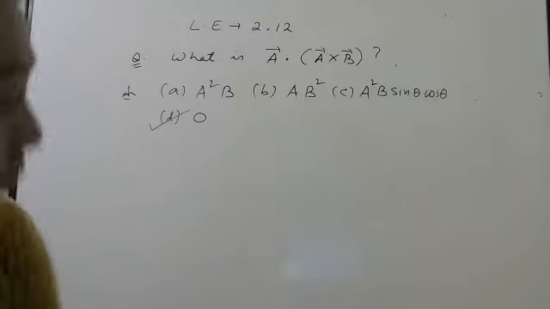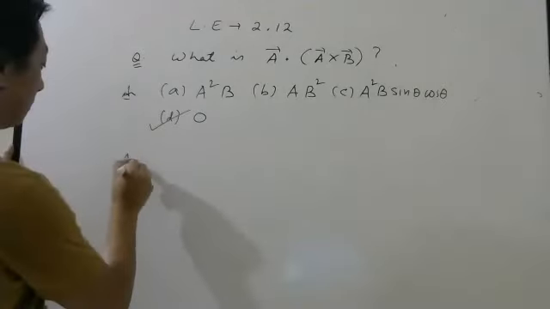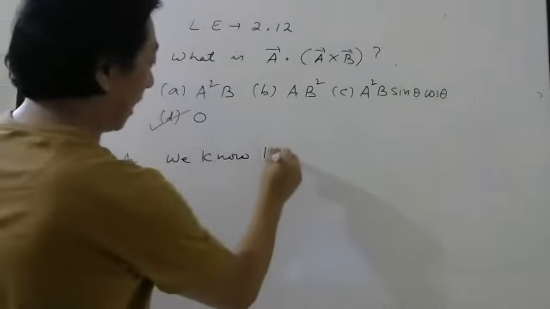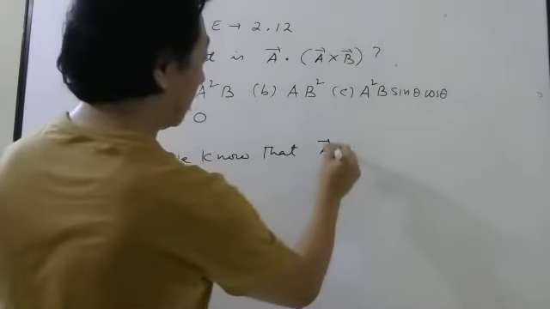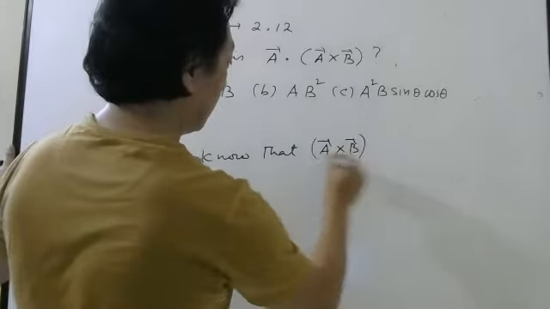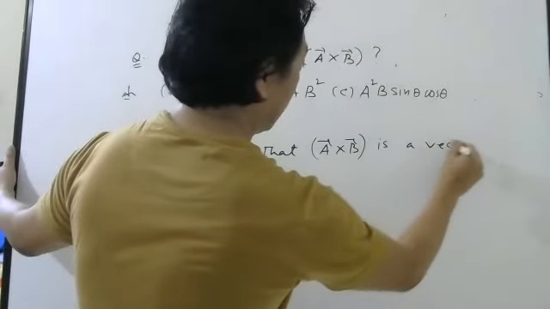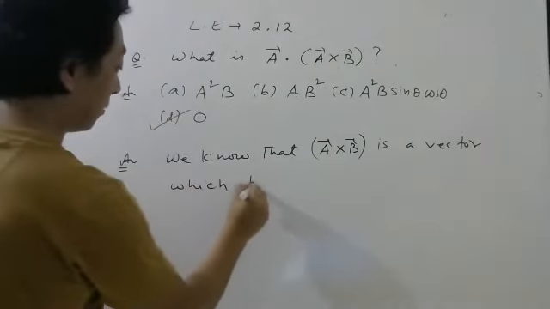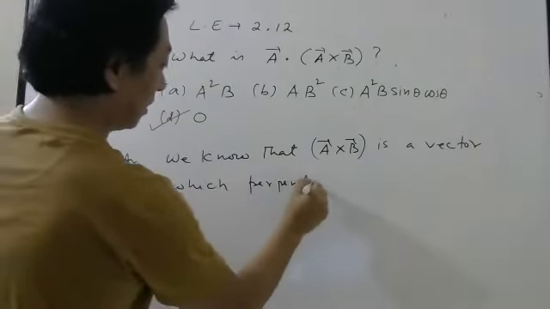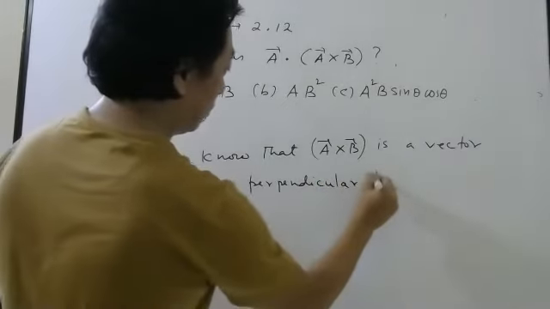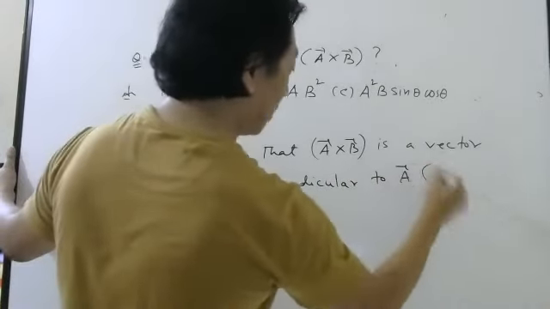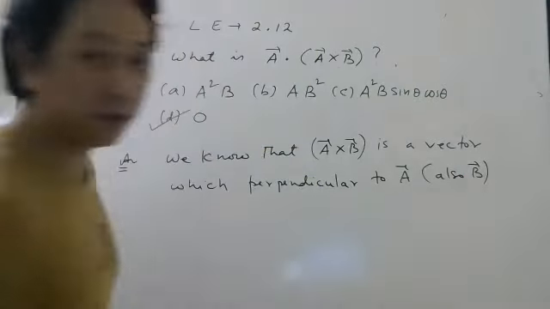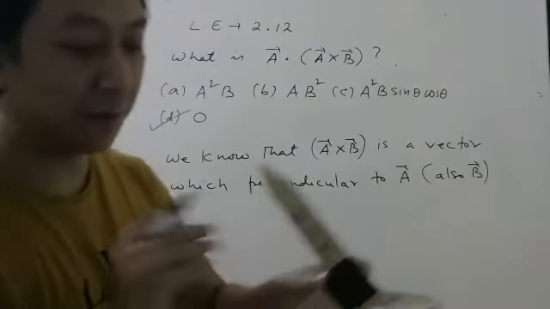So in exam, how will you write the answer? We know that A bar cross B bar is a vector which is perpendicular to A bar. In fact, it is also perpendicular to B bar, because it is perpendicular to the plane containing A bar and B bar.